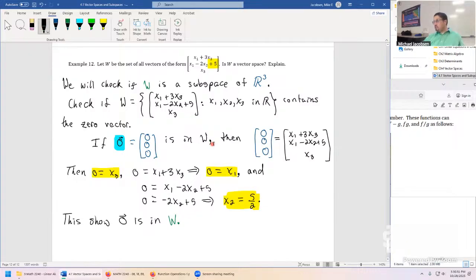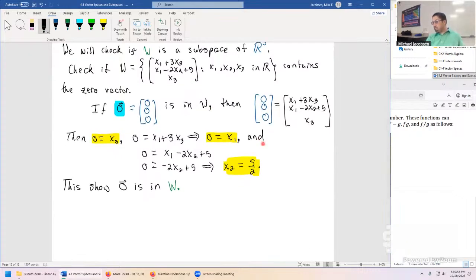For the next part, let U equal a vector that comes out of W, so I want to put it in this particular format: U1 plus 3U3, U1 minus 2U2 plus 5, U3.